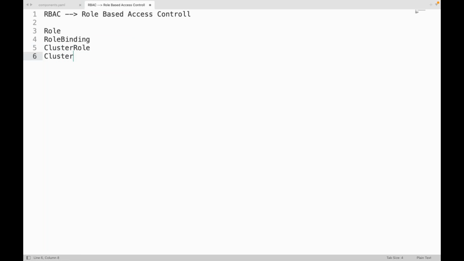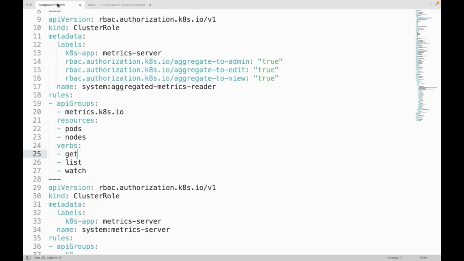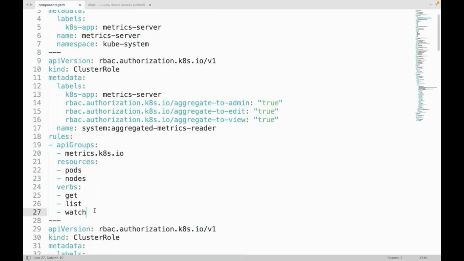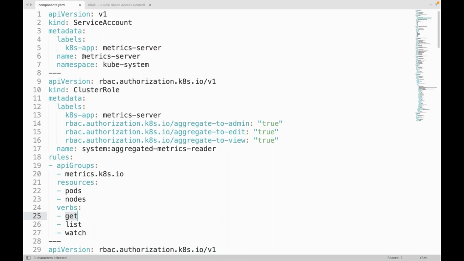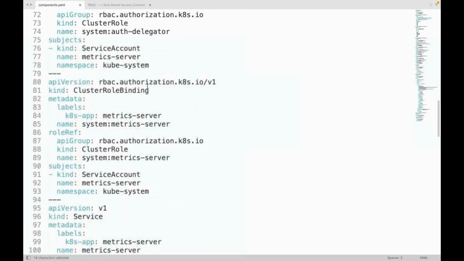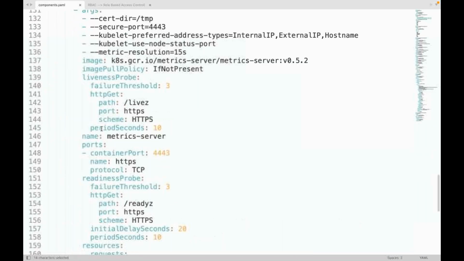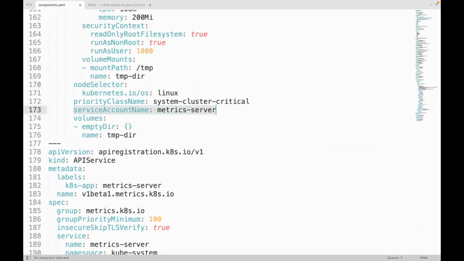We will discuss this in a separate class, but I don't want you to be confused about what this is. So we are creating a role. We are linking this role with this service account, and that service account is used for this pod. It is like in AWS, you create one IAM role, attach policies to that IAM role, and attach that IAM role to your server.